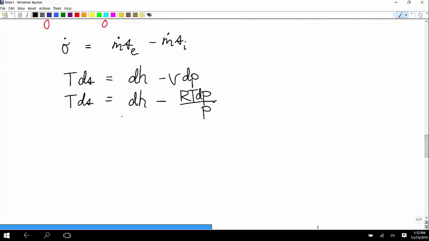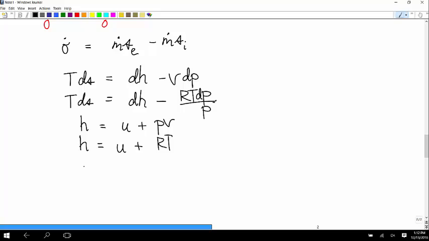And for an ideal gas, H is equal to U plus PV. So H is equal to U plus RT.